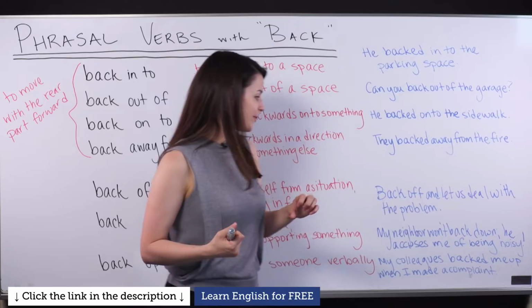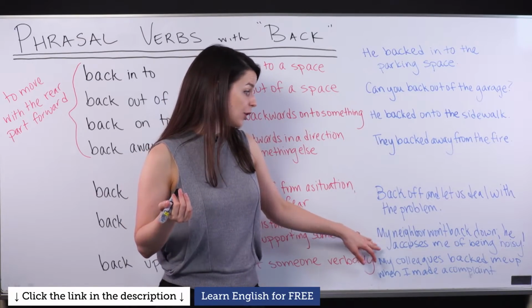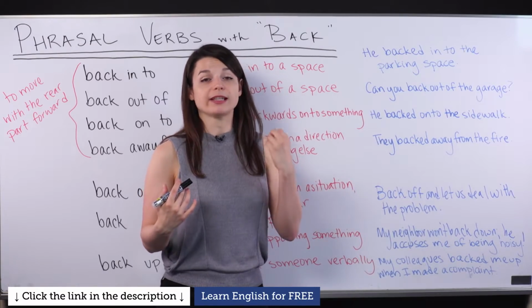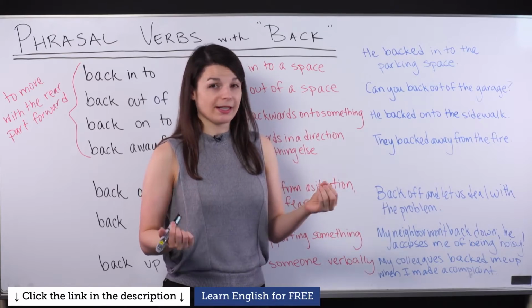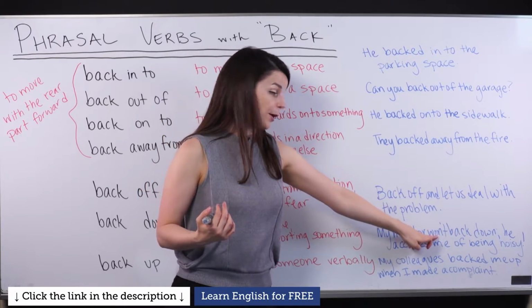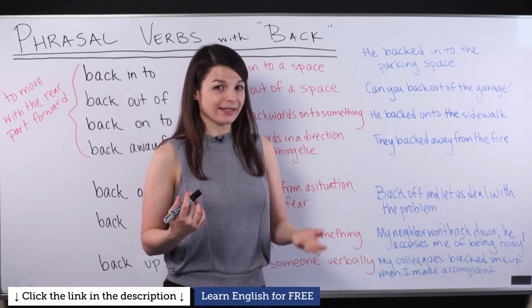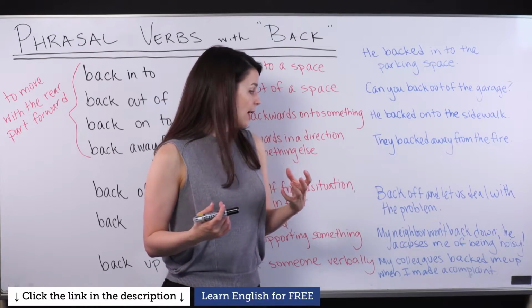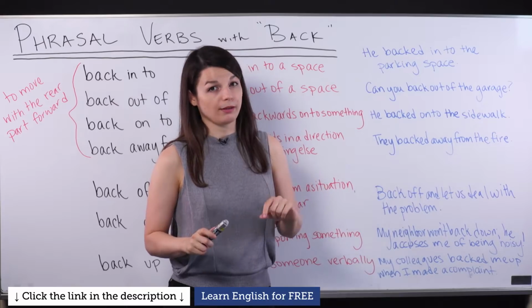So an example of this could be, my neighbor won't back down. He accuses me of being noisy. So the neighbor, in other words, is wrongly accusing the speaker of being noisy, but the neighbor won't back down. That means the neighbor refuses to admit a mistake. He or she refuses to admit that there's something wrong, refuses to stop supporting the opinion.